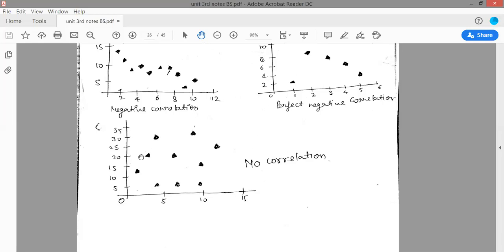But at this point, y is increasing but x is not increasing, and at this point both the values are the same. So all these points are plotted graphically, sorry, randomly. So we can say there is no correlation because none is increasing, none is decreasing. That means there is no correlation between these two variables.